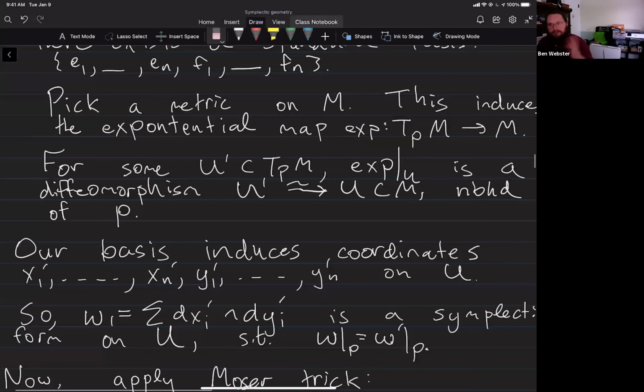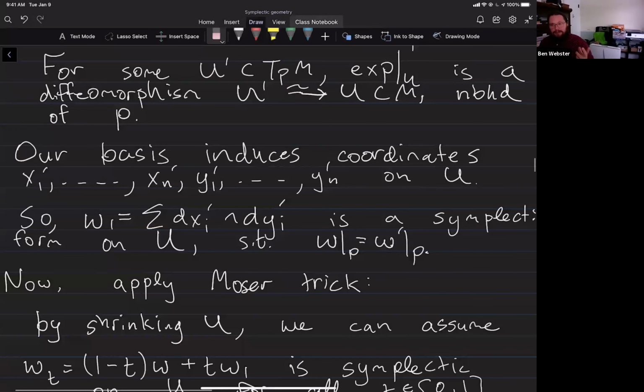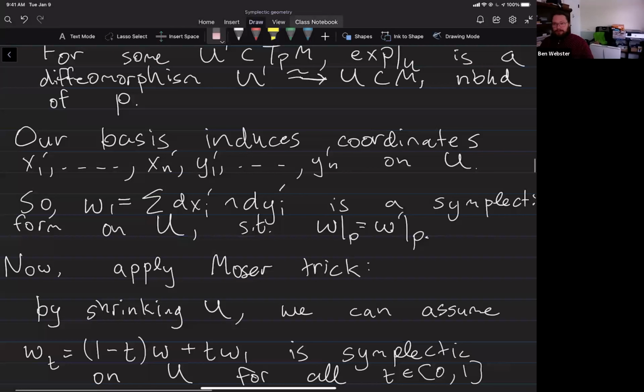So the basis we chose on the tangent space induces coordinates on the tangent space by the dual basis. And so it induces coordinates on this manifold via the exponential map. I'm going to call these x1 up through xn, y1 up through yn.